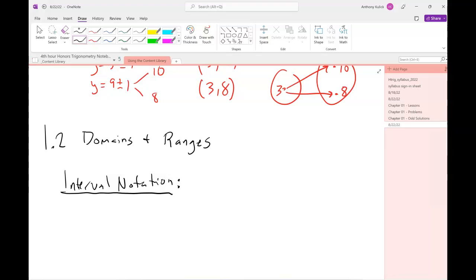What is interval notation describing? Well, you can use it to describe domains and ranges, but it's something more than that. So interval notation just describes a set of continuous values.